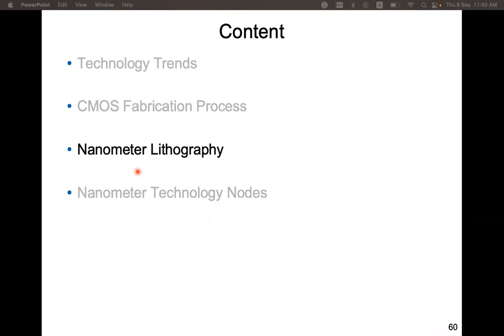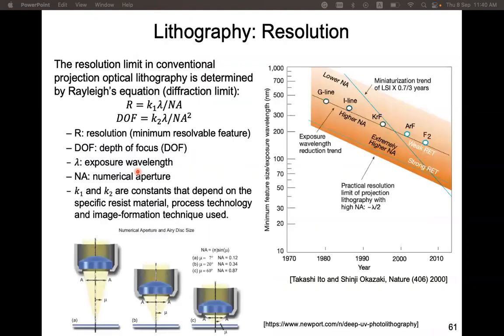And there is a resolution limit there. For any optical imaging system, there is a resolution limit.